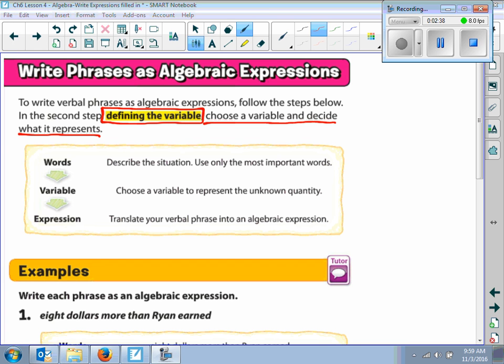You don't have to describe it in writing, you just describe it to yourself so that you know what's going on. You're going to use only the most important words. Then you're going to choose a variable to represent the unknown quantity, and of course that step 2 is defining your variable. And then you're going to write your expression. You're going to translate your verbal phrase into an algebraic expression.